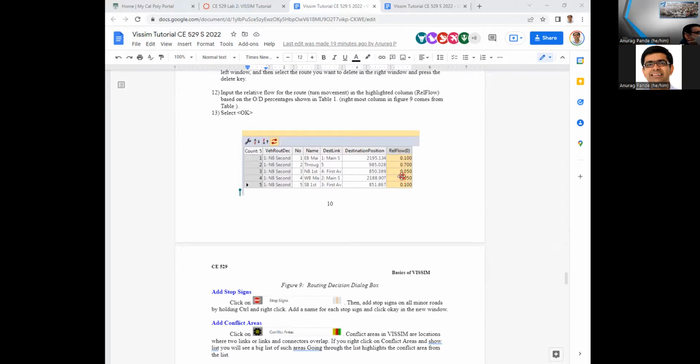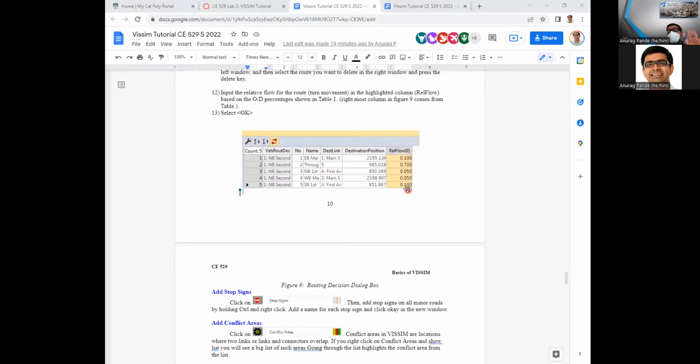Okay. And again, I'm showing you that instead of doing 10, 70, 50, 50, and 10, I think this is a different one, I could have done 1, 7, 5, 5, and 10. As long as the relative ratio is the same between these relative flows, you're going to be okay.